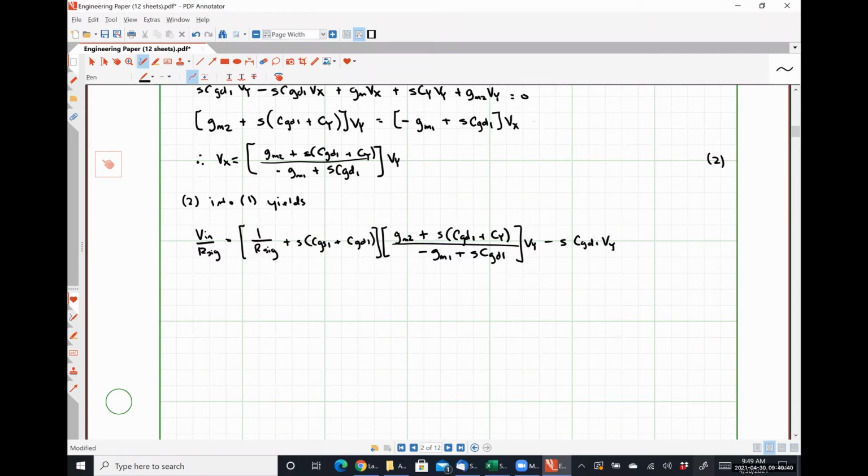So with that in mind, this is going to look like R sig to the minus 1 plus S(CGS1 plus CGD1) times (GM2 plus S(CGD1 plus CY)) minus S CGD1 times (negative GM1 plus S CGD1).